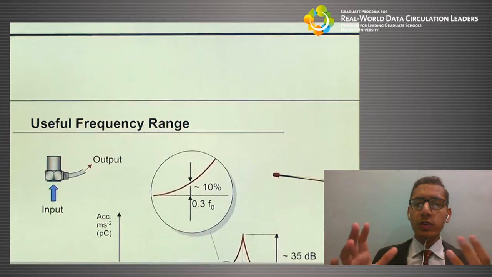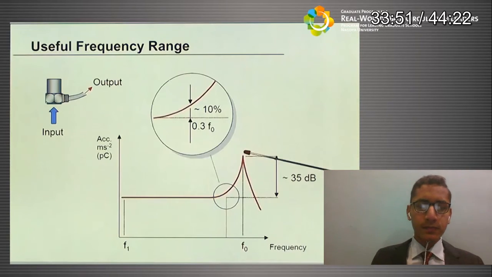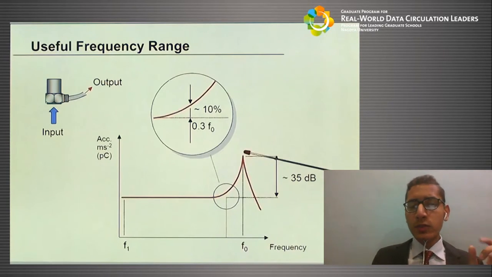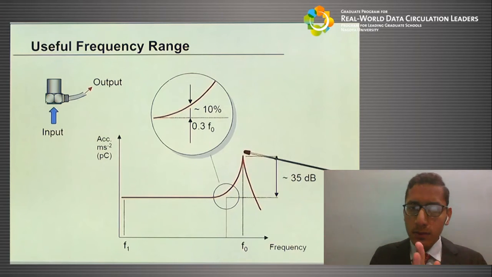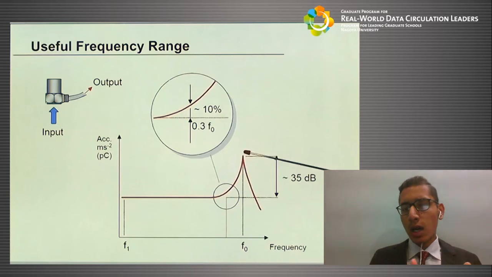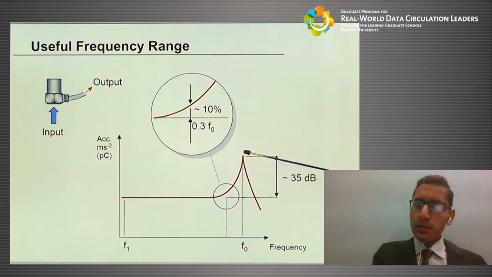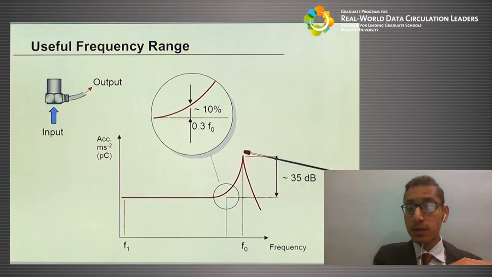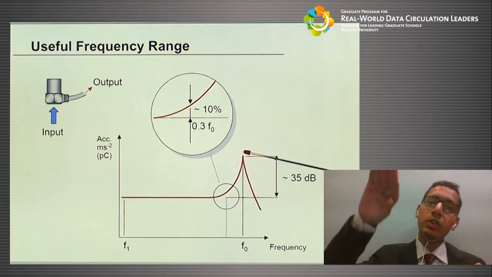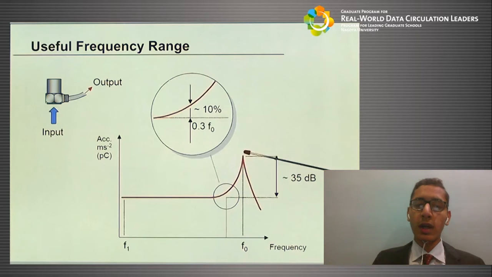Now we move on to the useful frequency ranges. First we give input and then we get the required output. We see the 10% rise. This is our required value. First we have a constant line, then it gradually increases, gives us a peak, and then it goes down.